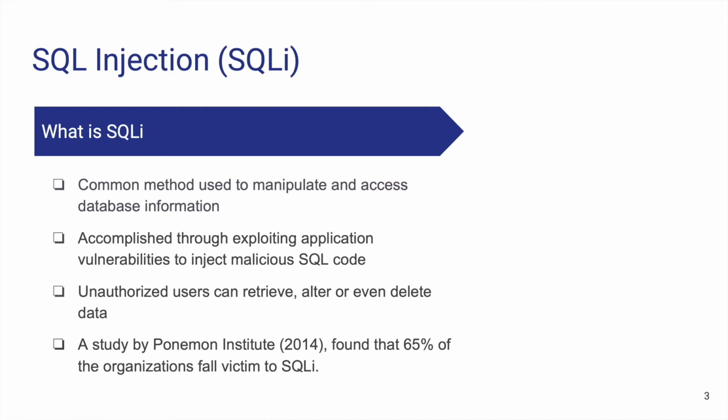A study conducted by the Ponemon Institute in 2014 found that 65% of IT organizations fall victim to SQLi every year. The study surveyed 595 individual companies that work in IT or IT security.